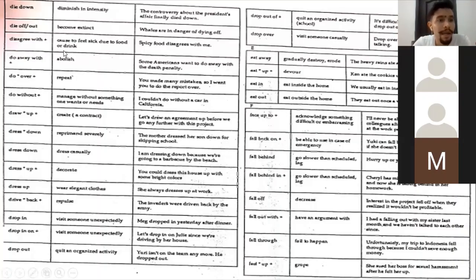So take a look at what we have right here. Take a look at this one: disagree with. Is disagree with a separable phrasal verb? No. Why not? Because right in the middle between the verb and the particle, I don't have anything, right? But take a look at the symbol I have here. This is a plus symbol, right?